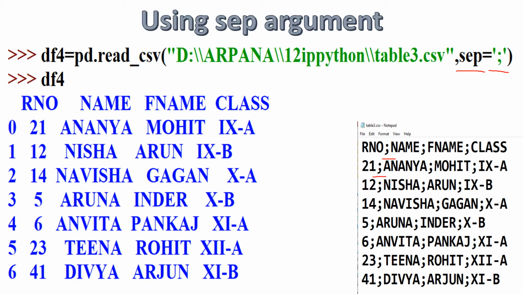If it is specified in the sep argument, sep is equal to semicolon, and if you read in such way, then the data frame created will be created properly because now Python is able to differentiate the values from one another. That is 21 is a different value than Ananya. Now it can be separated because now Python will be able to identify semicolon as separator.